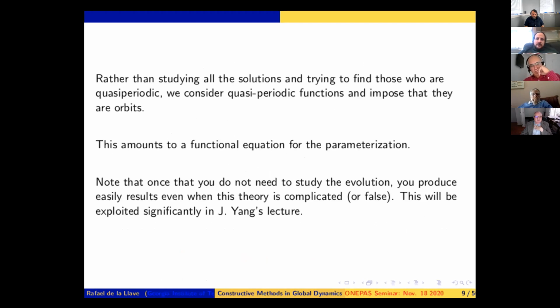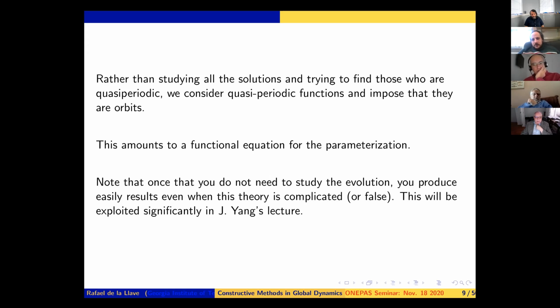Let me just try to say these things over here, right? And that's exactly what I want to try to say. And again, this is a little bit different from what the typical dynamics people do, which is to construct all the solutions and then find the quasi-periodic ones. I start from the quasi-periodic and then try to find the ones that are solutions.